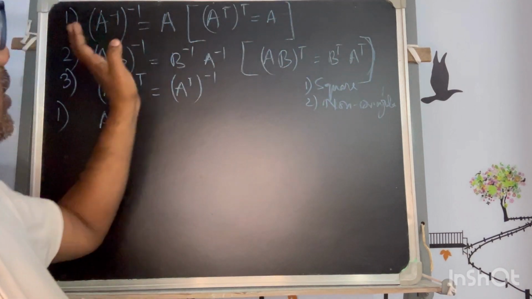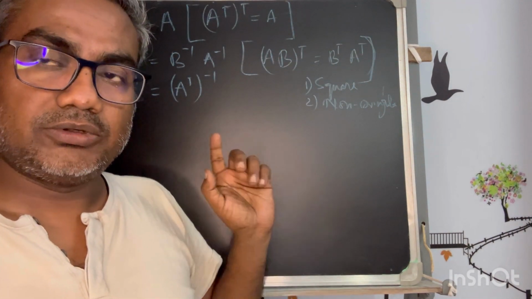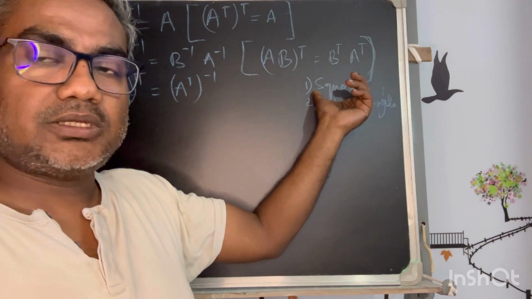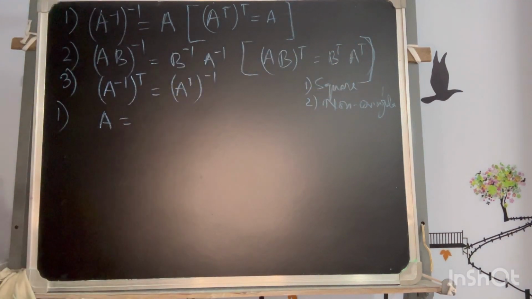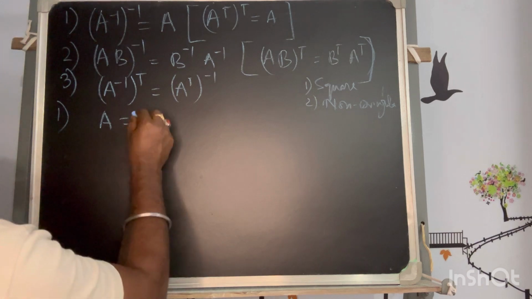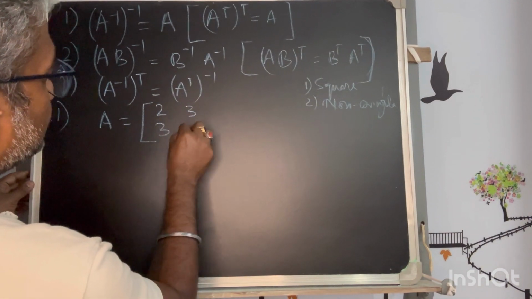But wherever inverse and transpose are coming, it must be a square matrix and a non-singular matrix. These are very fixed conditions. So A I am taking, let's say, 2 3 3 2.